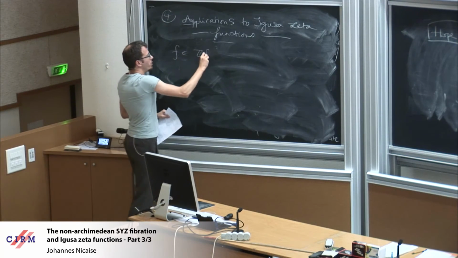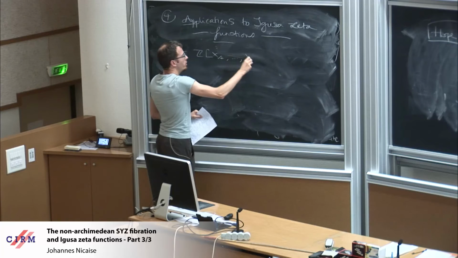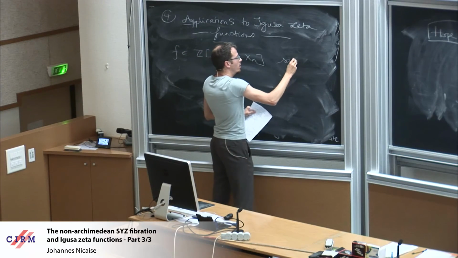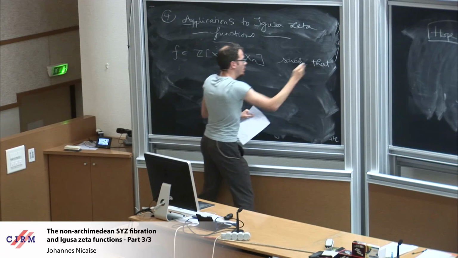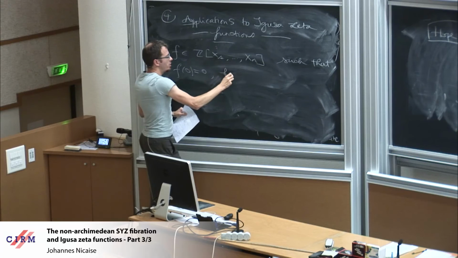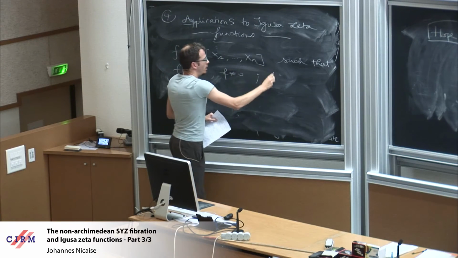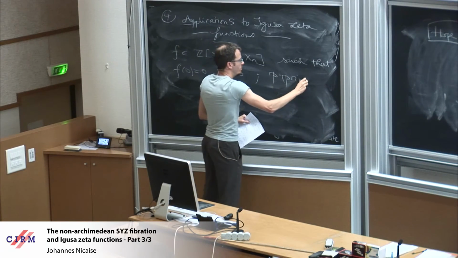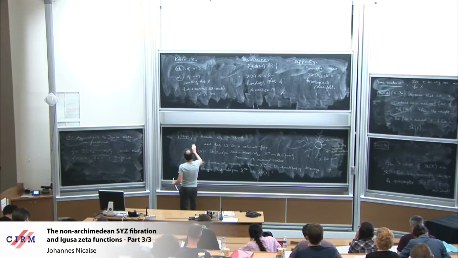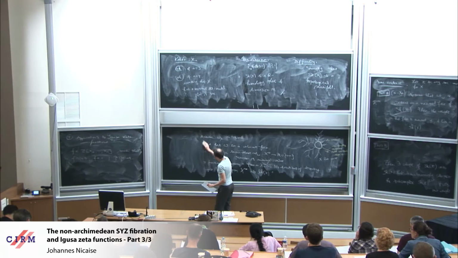So here we start with a polynomial f with integer coefficients in n variables, such that f vanishes at the origin, but f is not identically 0, and we choose any prime p. And then, using this as input, you can set up an elementary counting problem.